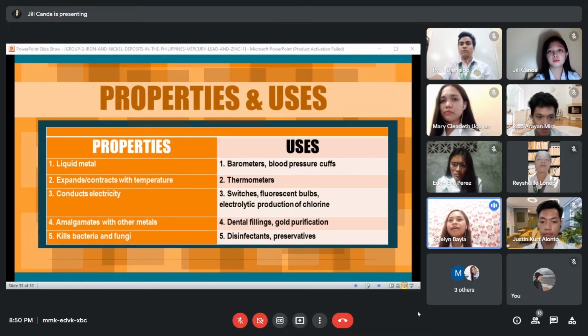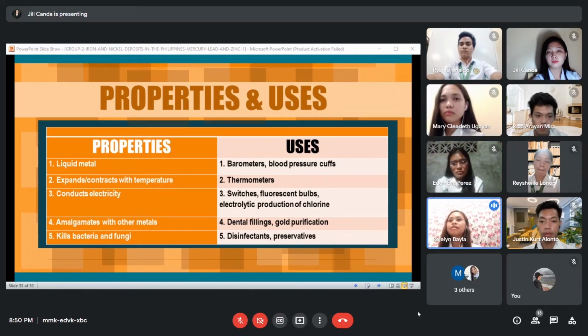Next is that it amalgamates with other metals. The uses of this property are dental fillings and gold purification. Almost all metals can form amalgams with mercury, the notable exceptions being iron, platinum, tungsten, and tantalum.